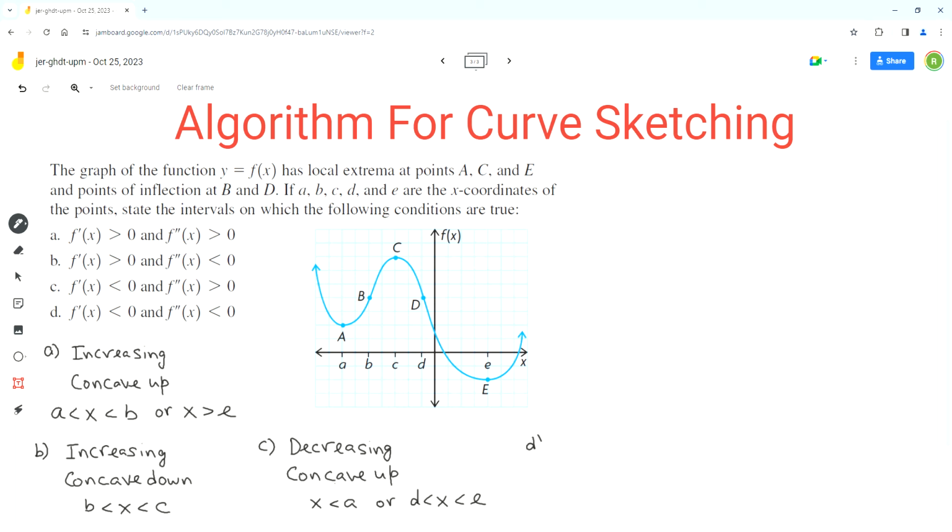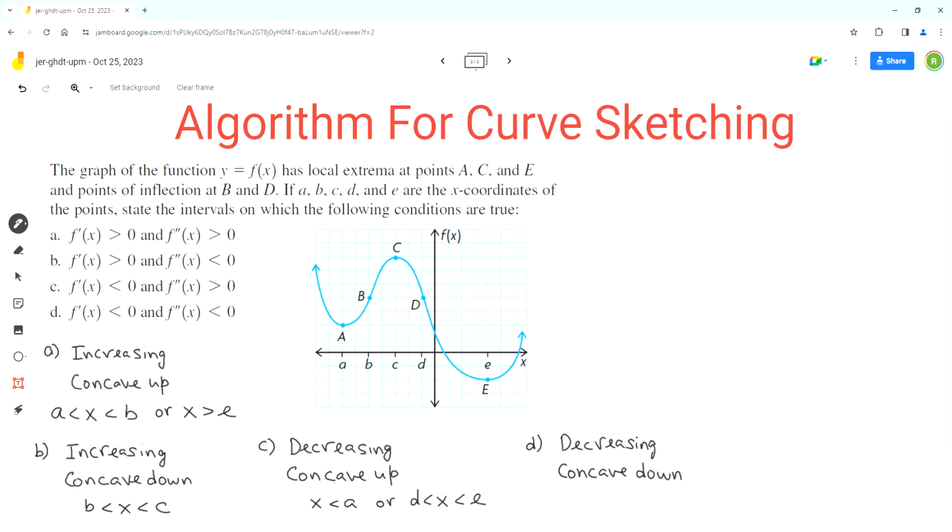Now part D. The first derivative is less than 0. That means the function is decreasing. And the second derivative is less than 0. That means the curve should be concave down. Now we can analyze the given curve.